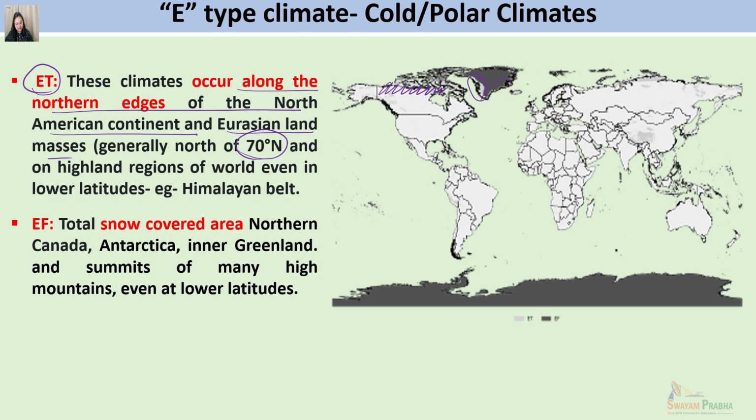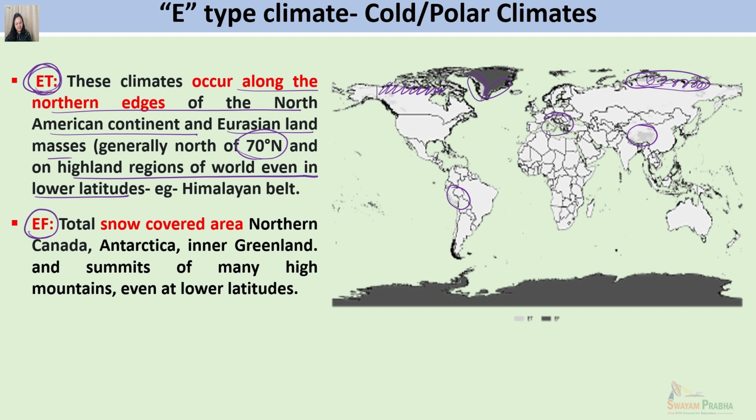Outer edges of Greenland, you can see this type of climate is there. Parts of Siberia also have ET type of climate, and this type of climate in the earlier original scheme of Koppen also included the highland regions of the world, which were located in the lower latitudes, just like in the Himalayan belt, parts of Andes, parts of Alps in Europe also.